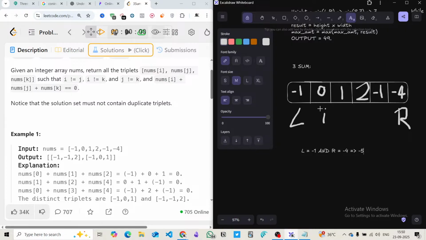For example, there is no +5, so we cannot hold this one. So we need to move some pointers. But the time complexity is greater.